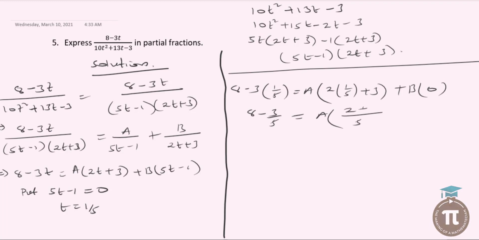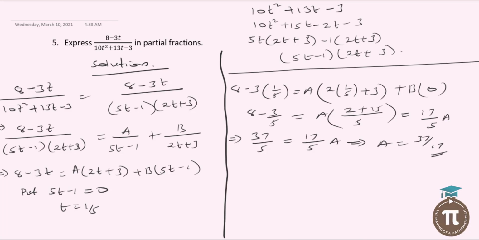This is 2 plus 15. 2 plus 15 will give me 17. So that means I have 17 over 5 A. Meanwhile, at the left hand side, I have 8 times 5 is 40. 40 minus 3, 37 over 5 to be equal to 17 over 5 A. At the end of the day, by the time you solve, A will be equal to 37 over 17. That is the answer to A.